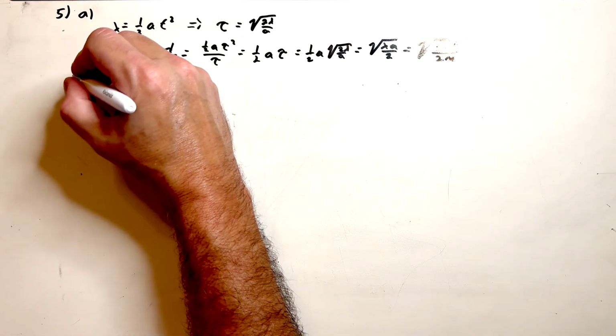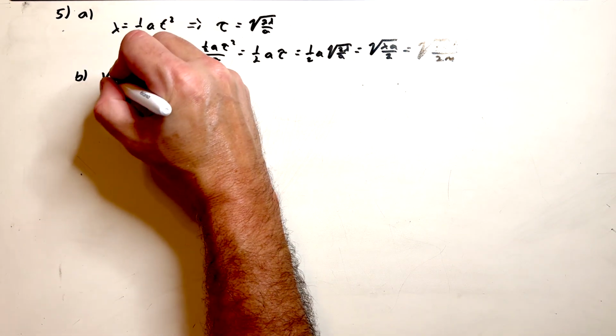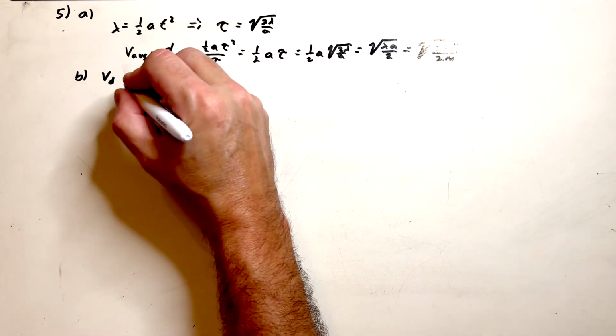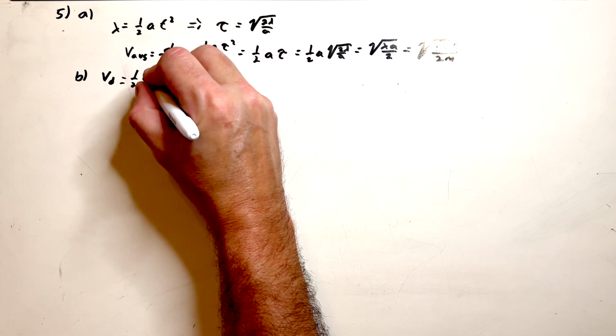So part B, V sub d for drift velocity, right? And that's going to be equal to 1/2 a times tau.